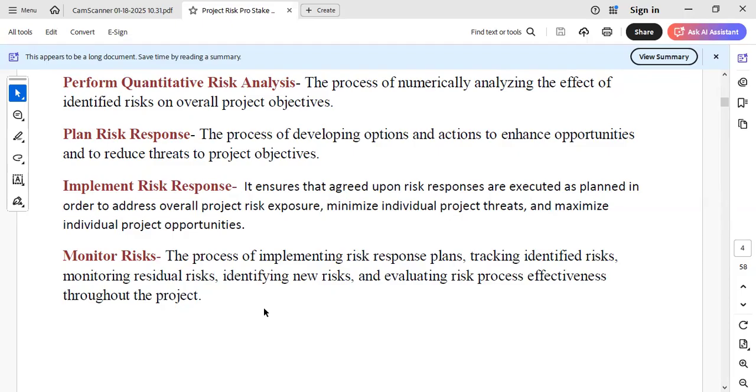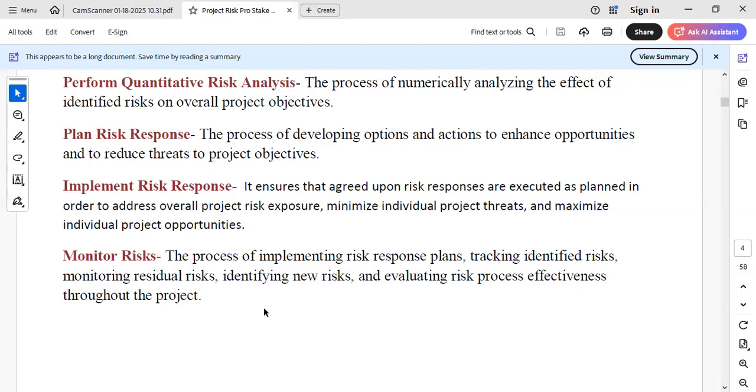So when we monitor, we come up with a process of implementing risk response plans, tracking identified risk, monitoring those residual risks I told you about, those residual risks that cannot be eliminated when risk response strategies have been implemented. And also here, we will identify new risk. What are those new risks? Those new risks may be the secondary risk.